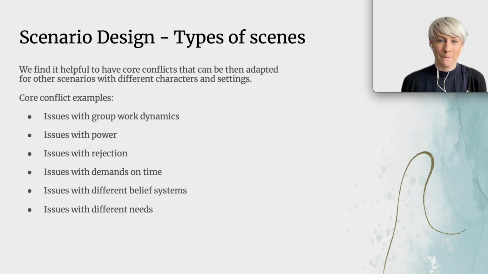It could be issues with power, so feeling overpowered, cut out of decision making, unfairly treated, talked over, and so on. It could be issues with rejection, so feeling overlooked or ignored, or one's ideas being removed or not considered, or having one's culture critiqued.